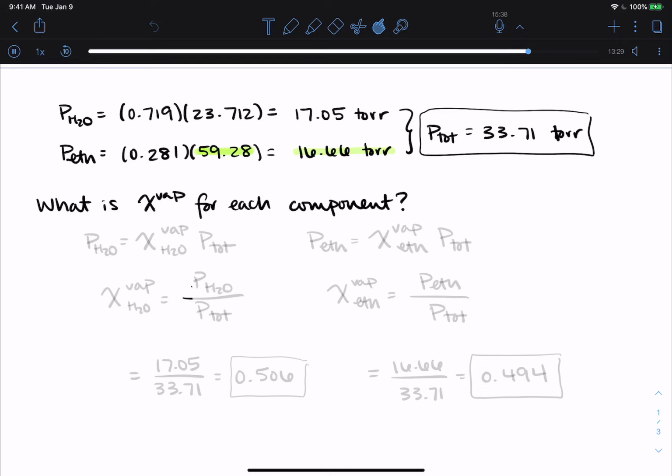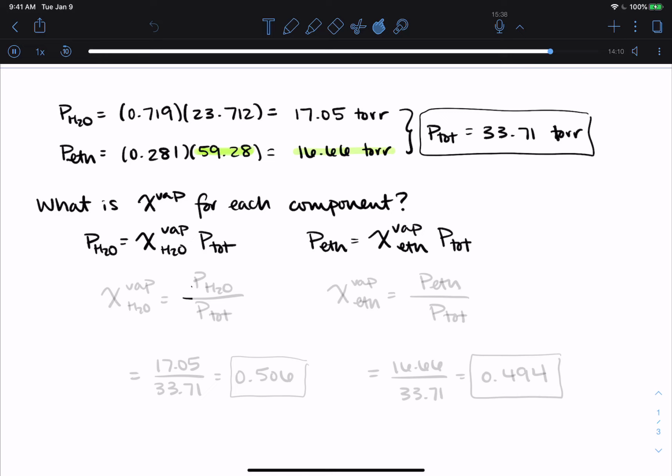So if we take Raoult's law and apply it to what's happening in the vapor, the pressure of water in the vapor is going to be chi vapor of the water times the total pressure. Well, actually, technically, this is part of Dalton's law, not Raoult's law, since we're talking about everything in the gas phase. And then Dalton's law with the ethanol, chi vapor of the ethanol times the total.